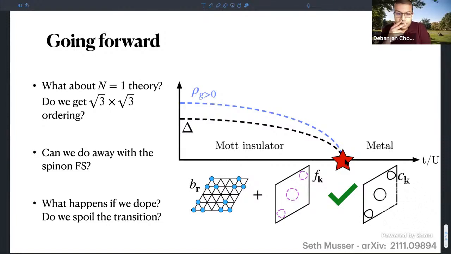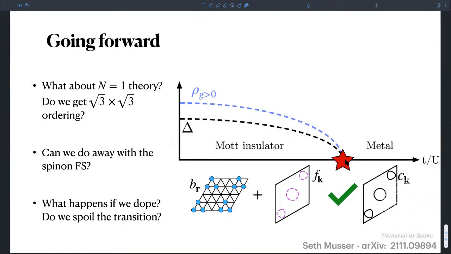So G, if I may just elaborate. Basically, let's say you're studying the bandwidth-tuned transition at this 1/3 charge filling. Then let's say you measure delta, the gap, from exponentially activated transport on the insulating side.